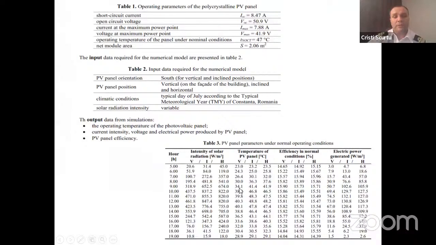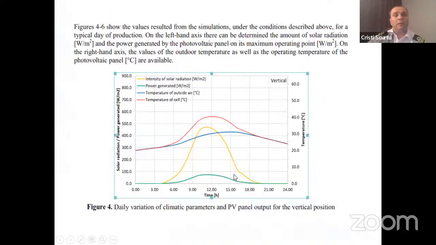Some of the data are presented here, and in a few moments I'll post the presentation in the chat for everyone, if you want to see these values, which are under normal operating conditions. On the left, in the second column, we have a variation in voltage and intensity.